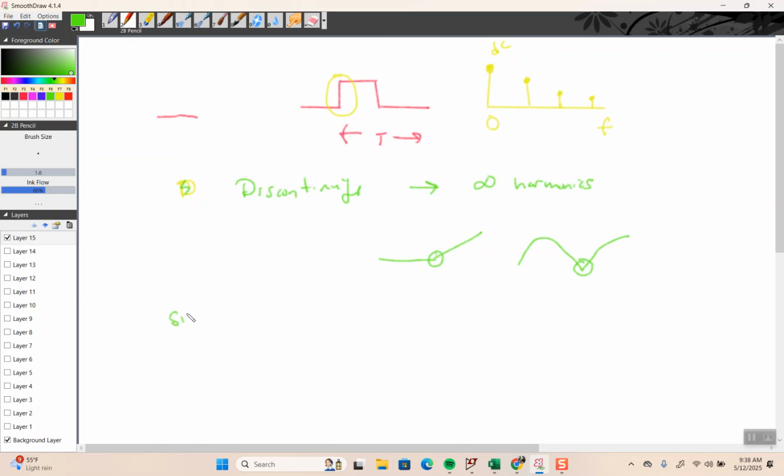So sine squared omega t really looks like this, right? And it has a DC offset, and you can see it's smooth, if you will. But absolute value sine has this discontinuity.